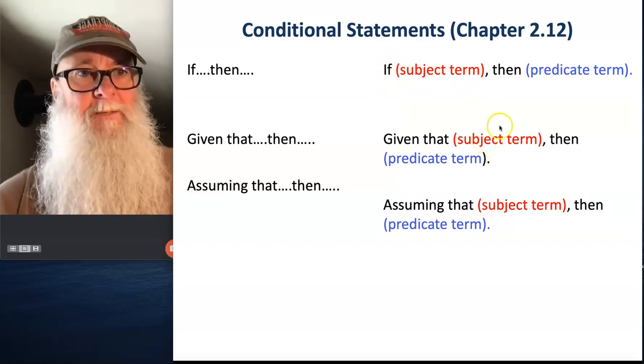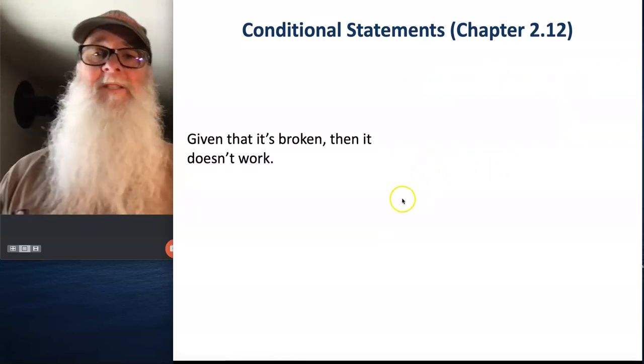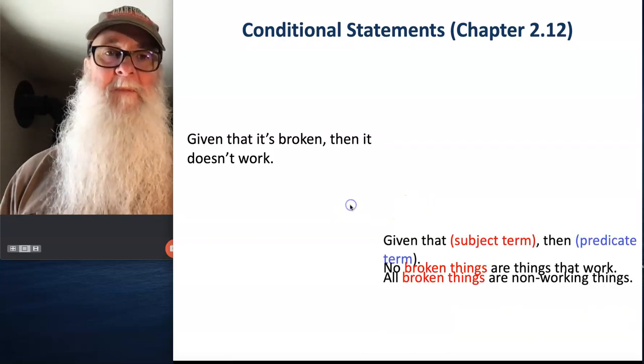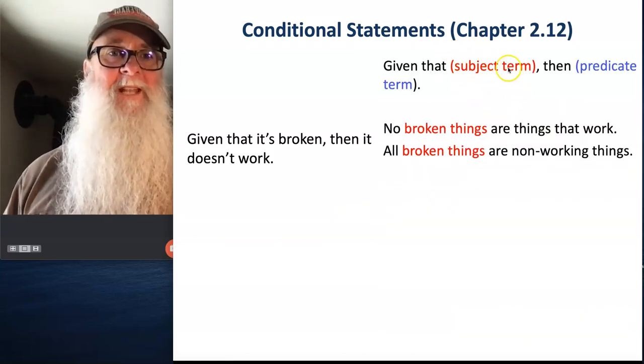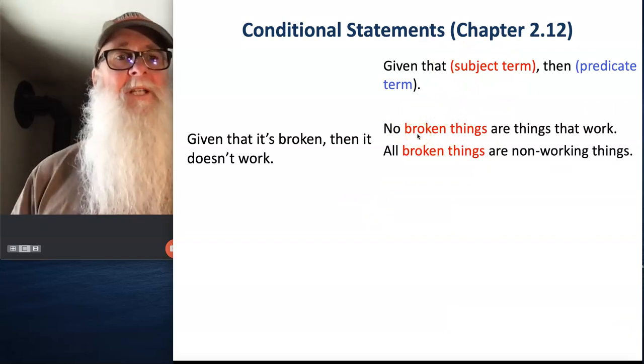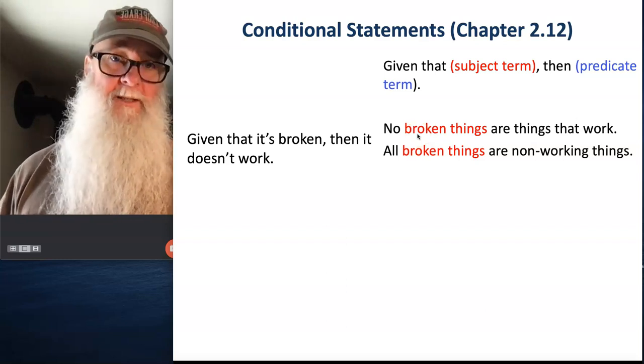We're going to translate that as our subject term, and whatever follows the then is our predicate term. So if we have a statement like, given that it's broken, then it doesn't work. Well, I remember my rule. Whatever follows given that is going to be my subject term. No broken things are things that work, or the obverse, all broken things are non-working things, okay?